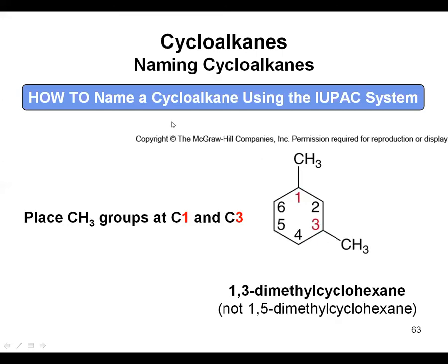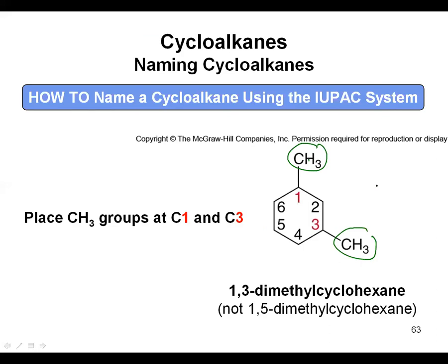In this particular one here, we would want to go 1, 3. And it doesn't really matter which way you go on this one because both groups attached are methyl groups. The only thing you would not want to do is number this way: 1, 2, 3, 4, 5, 6.